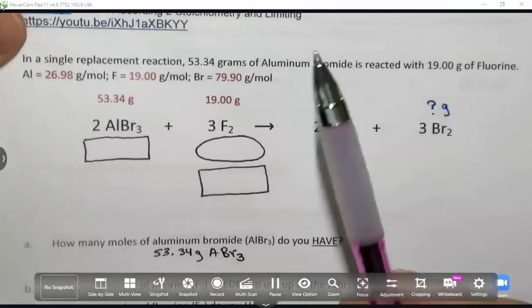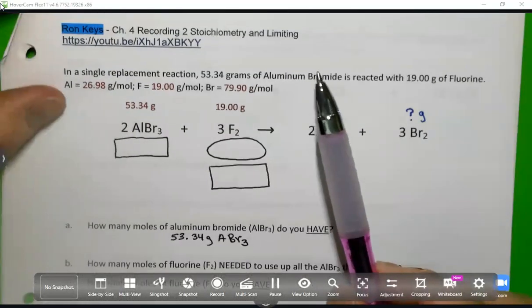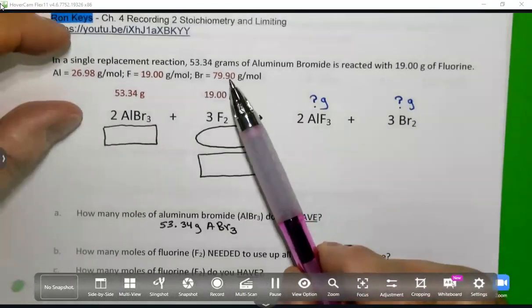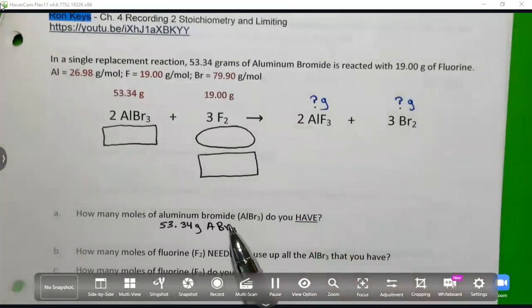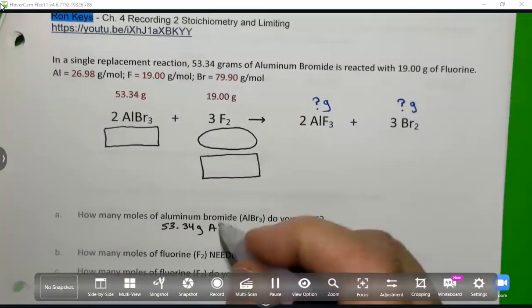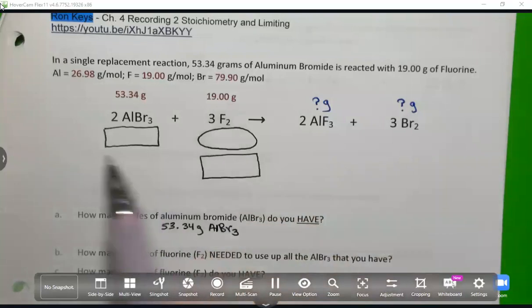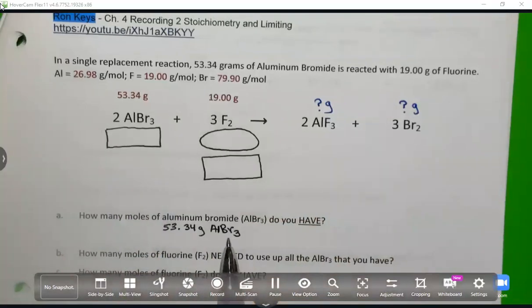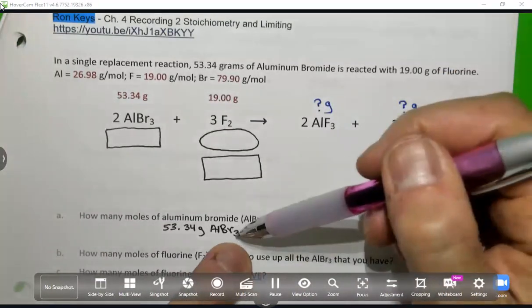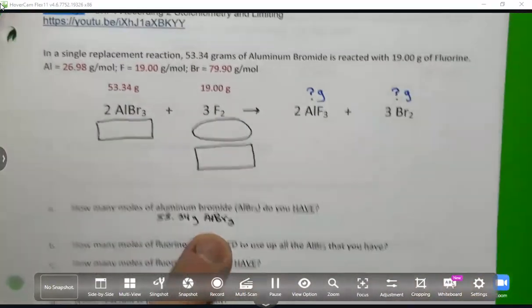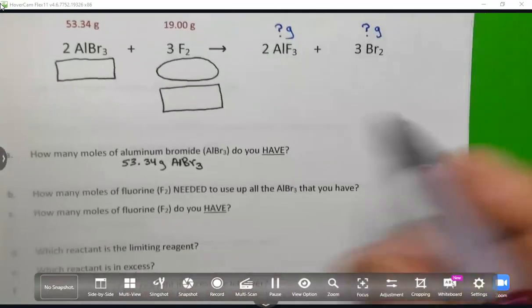And I've got the numbers we're going to use right here. 79.9 for the bromine. Oops, I'm missing an L. 26.98 for aluminum. So grab your calculators. 3 bromines in aluminum bromide.